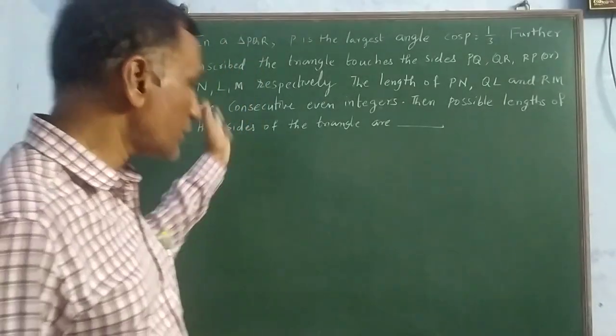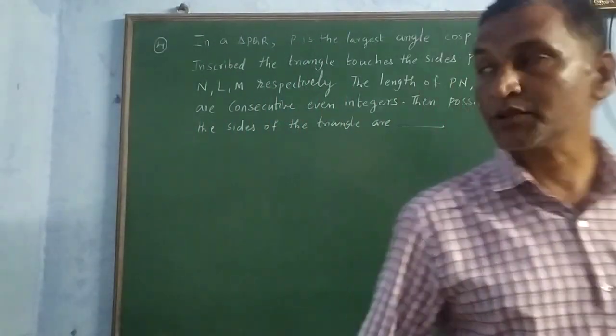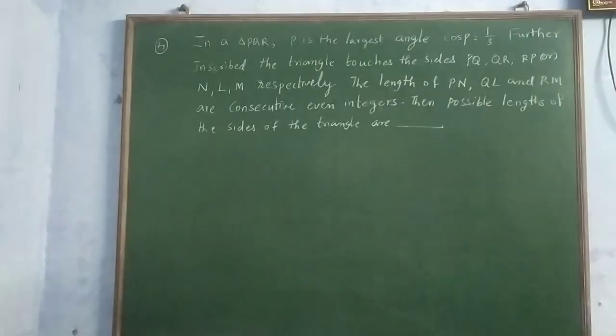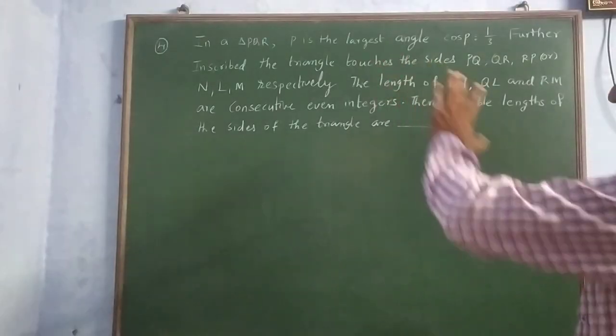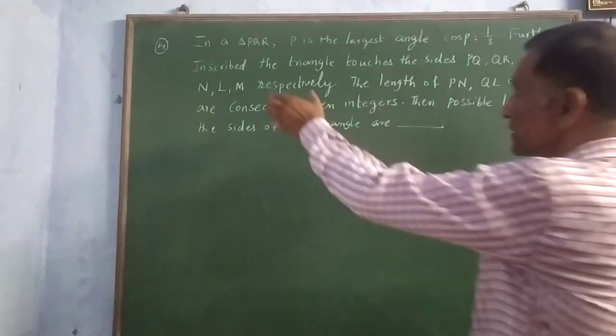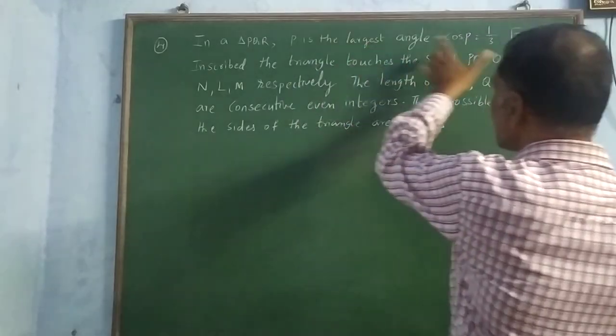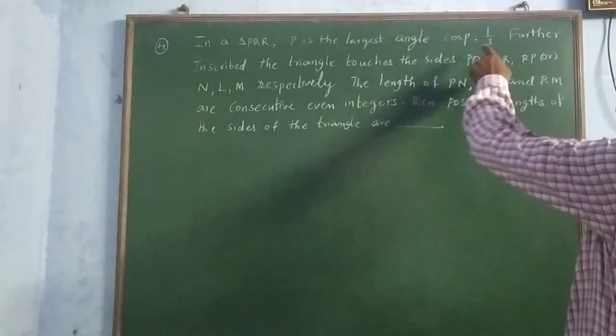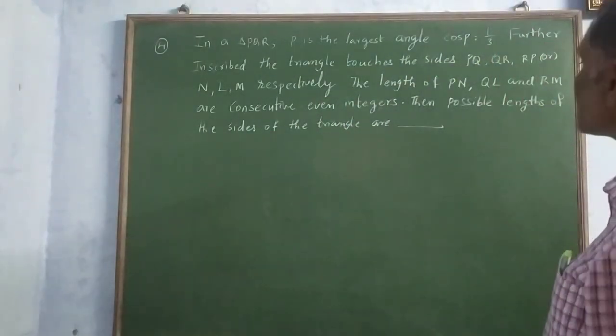This is your question. First of all, read this question. In a triangle PQR, P is the largest angle. Cos P equals 1 by 3 is given.